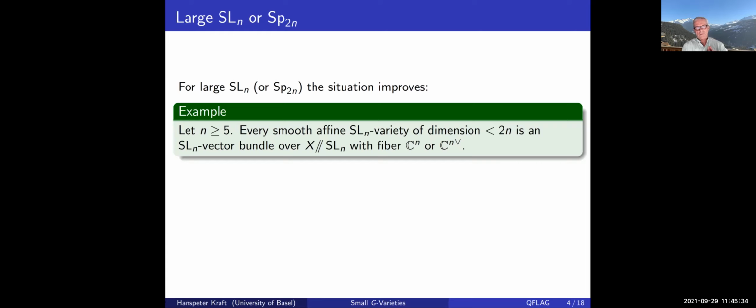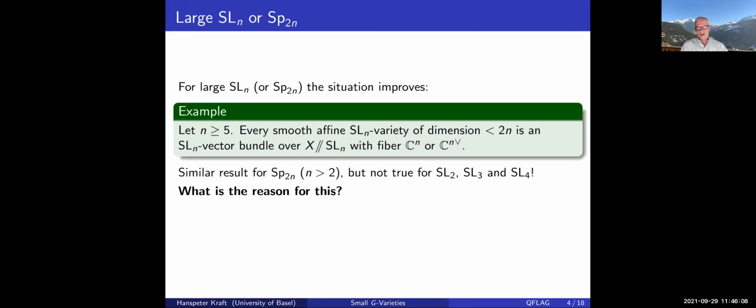So for an SL5 variety of dimension 9, a smooth one is automatically a vector bundle, and the quotient is also smooth, and the fibers are either the standard representation or the dual. And a similar result we have for SP2N, but it's definitely not true for SL2, not true for SL3, and not true for SL4. So that was in some way a surprise for us.